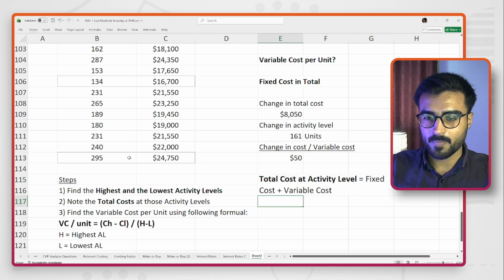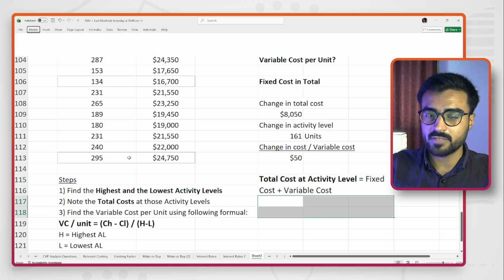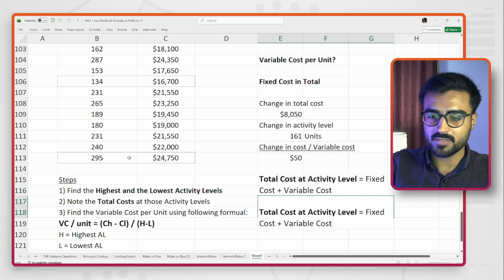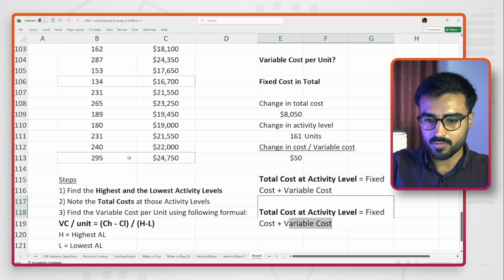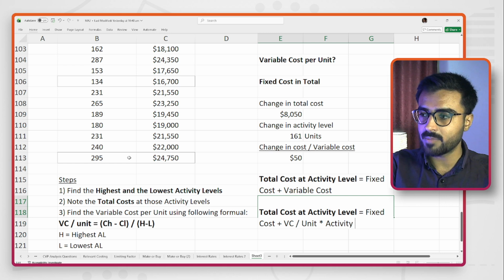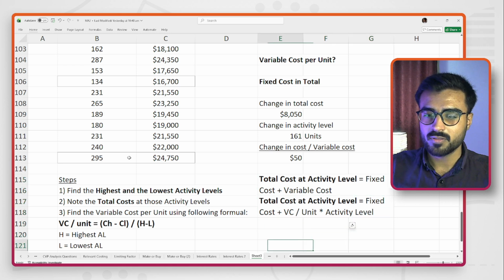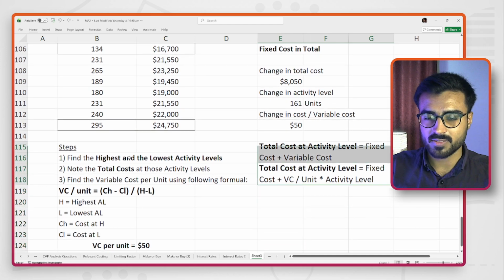The variable cost depends on the activity level, so we could extend this formula: variable cost per unit times activity level, because the total variable cost will depend on the activity level. The total variable cost will be equal to variable cost per unit times activity level. So this is how this formula works.